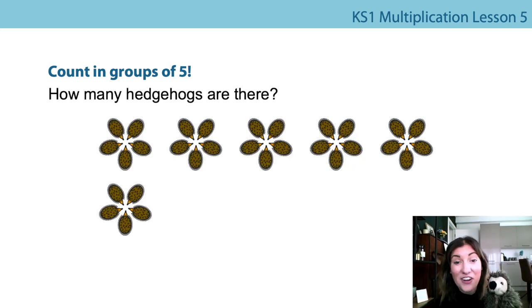Well, I think I know why Harold is so excited about this question. Because there's loads of Harold the hedgehogs on the screen. He wants you to count at home how many hedgehogs are there all together. So you can count on in fives to your adult, a friend, or even to us. All right, have a go.